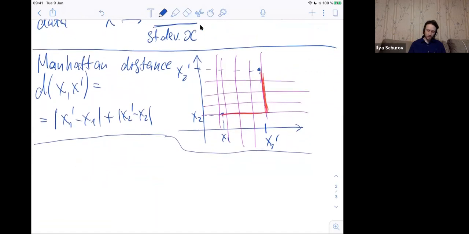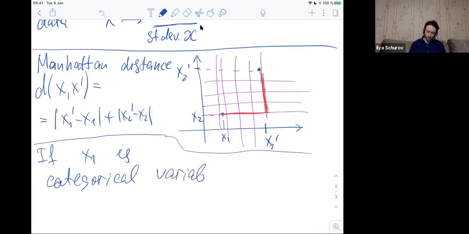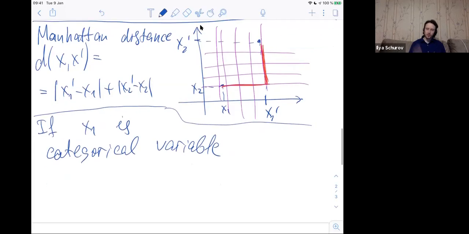It is an interesting topic how to measure distance if your observations have some categorical variables. So if, for example, x1 is a categorical variable, how would you measure distance between just categorical variables?